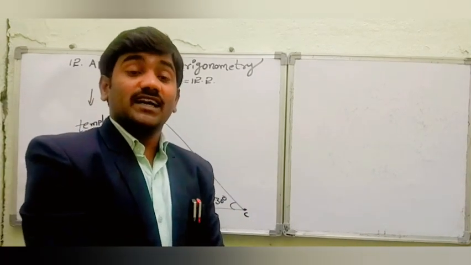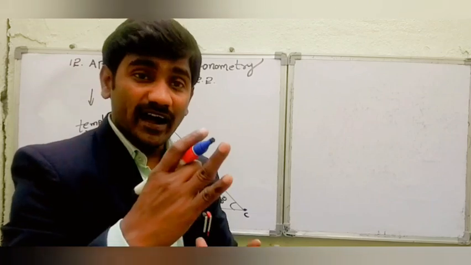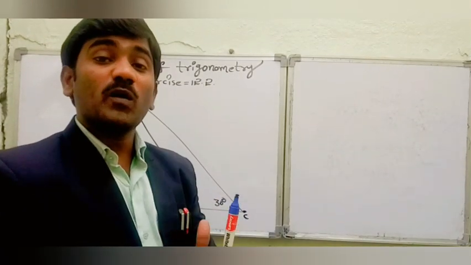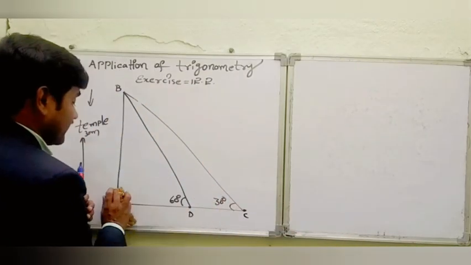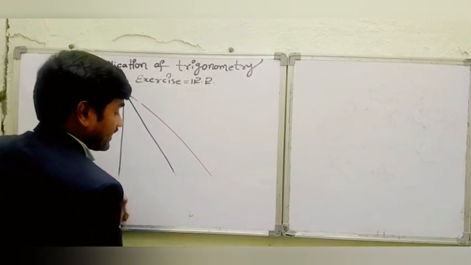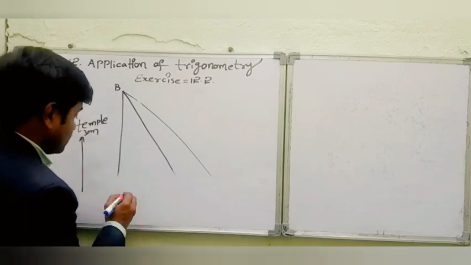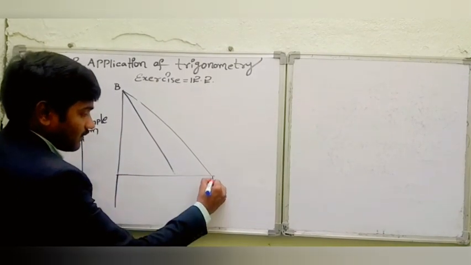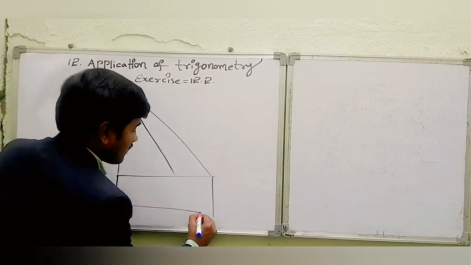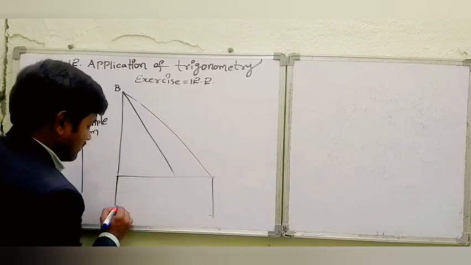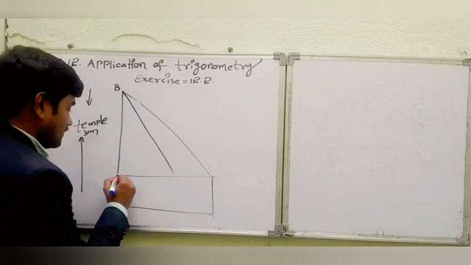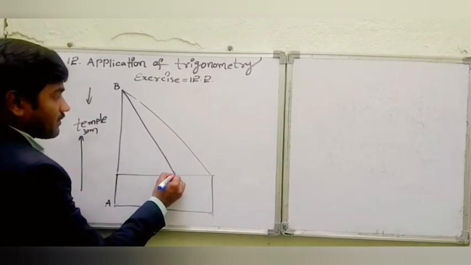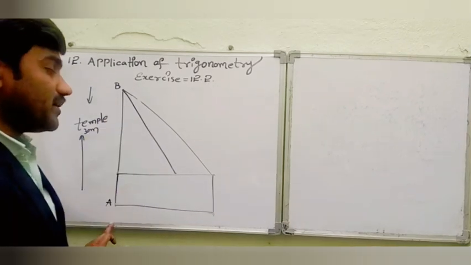Here it is given clearly that the height of the boy is 1.5 meters. That should not be neglected. When it is given in the question, you should not neglect it. Here AB is the complete temple.